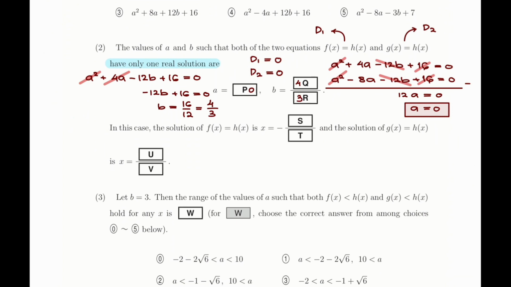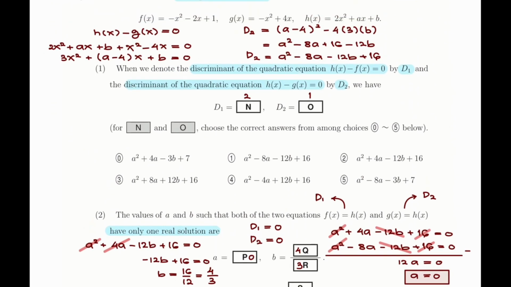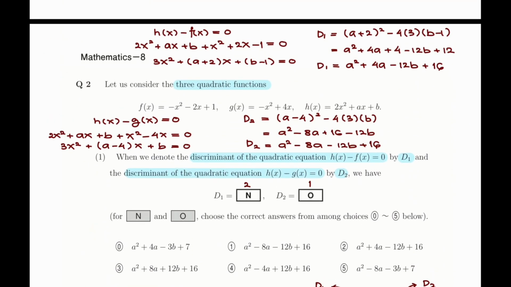In this case, I will continue. The solution of f minus h is blah blah blah, and the solution of g minus h is blah blah blah. So now we want to find the solution. Solution means we want to find the value of x from the equation f equals h. My equation for f equals h is this one.